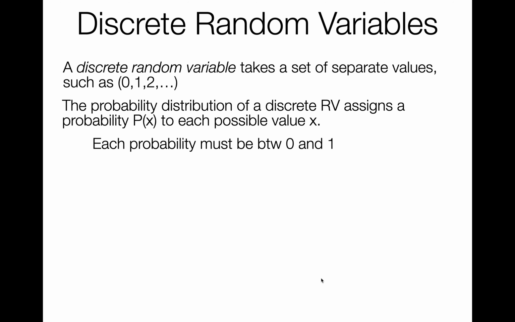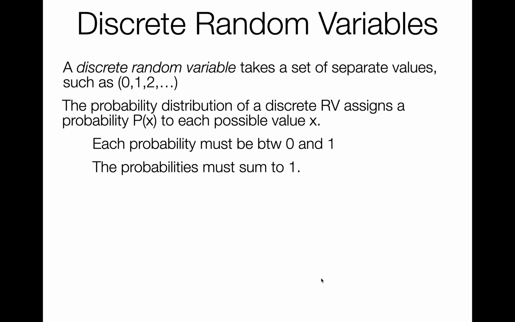Each probability has to be between 0 and 1. I can't have a probability of less than 0 or greater than 1. Okay? And if you don't like the 0-1 scale, you can think 0 to 100%. Okay? You multiply a decimal by 100 to get the percent equivalent.